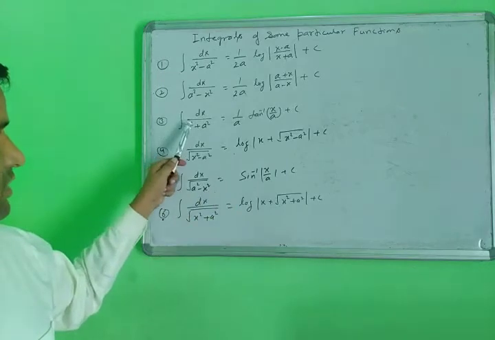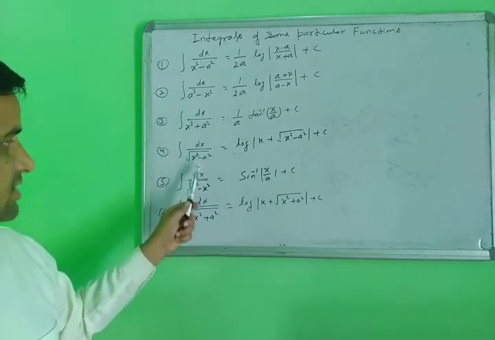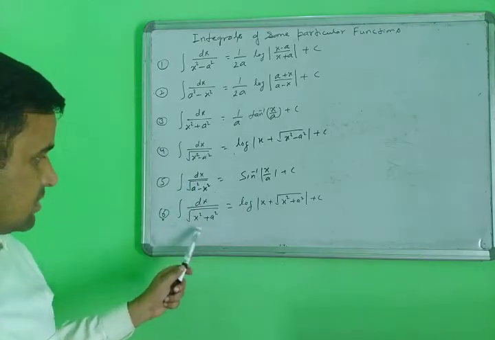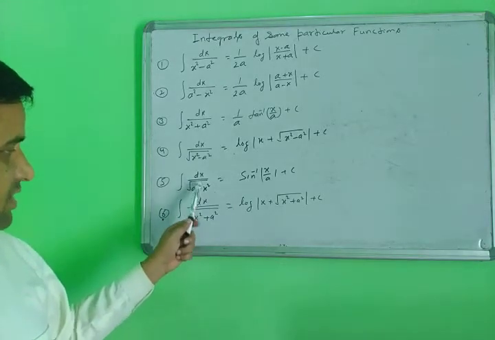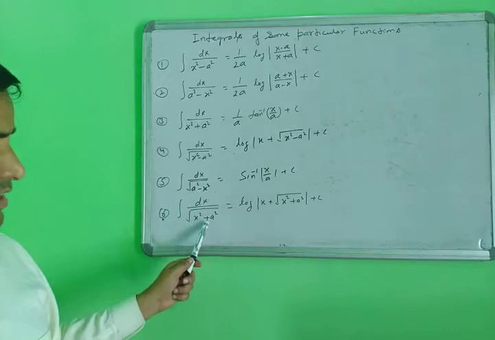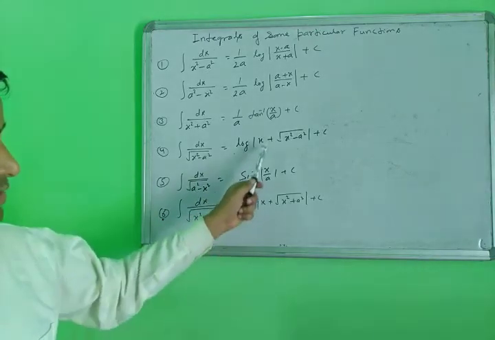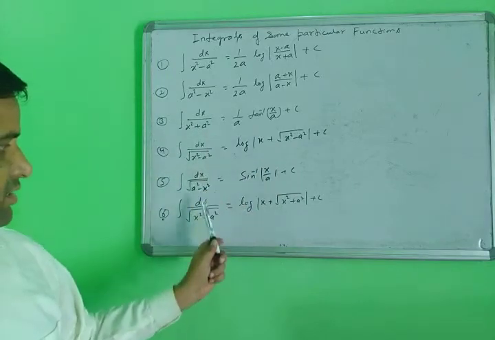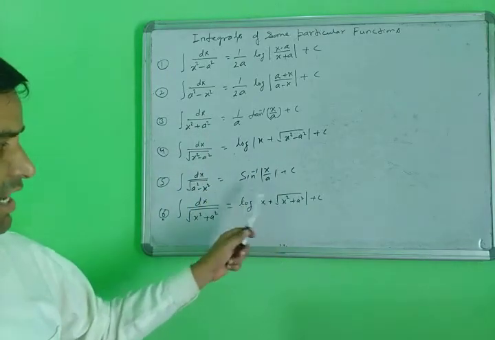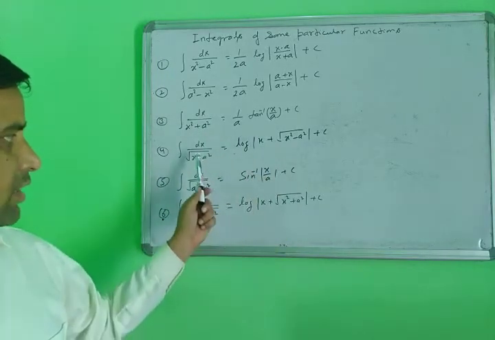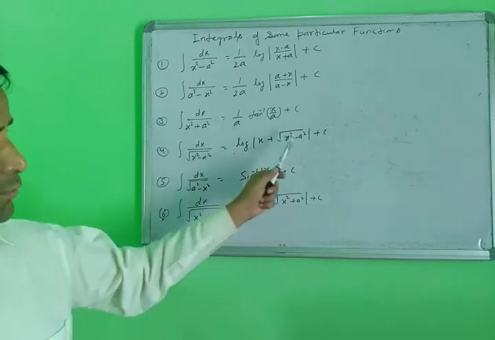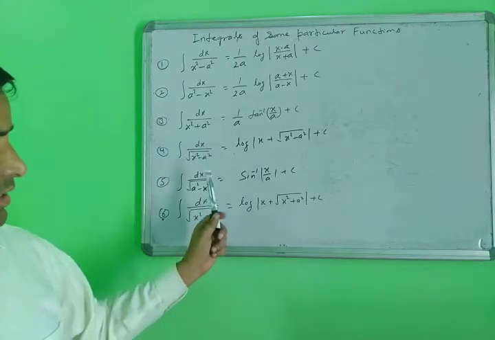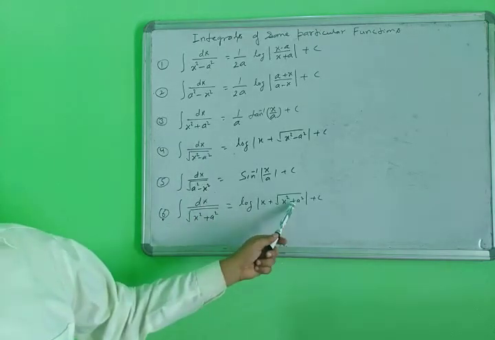Or suppose you change the minus sign to a positive sign. In the sixth function it is the same, but here there is a negative sign and there a positive sign. So the question is the same, but here minus, there plus. The identity is the same: when using the negative sign we put the negative sign, and when using the positive form we put the positive sign.